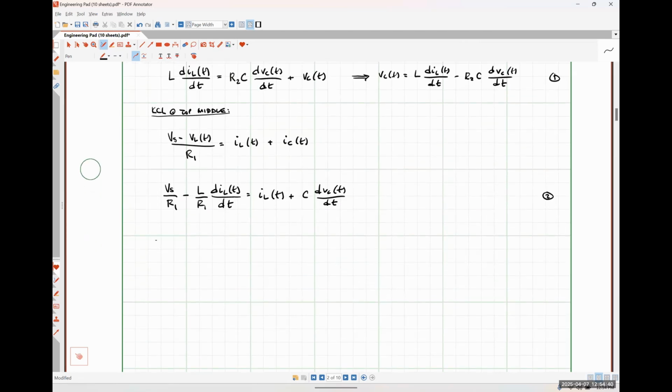If I take the derivative of 1 with respect to t, I would get dVc by dt is equal to L times the second derivative of IL with respect to time minus R2C times the second derivative of the voltage with respect to time.